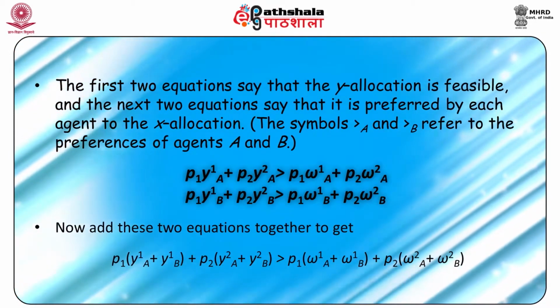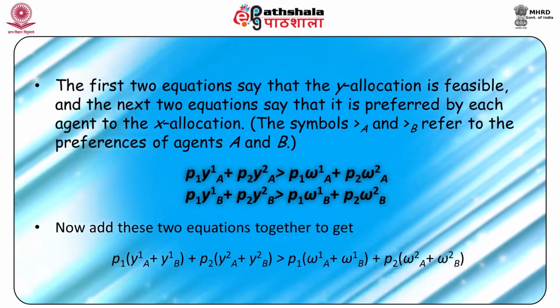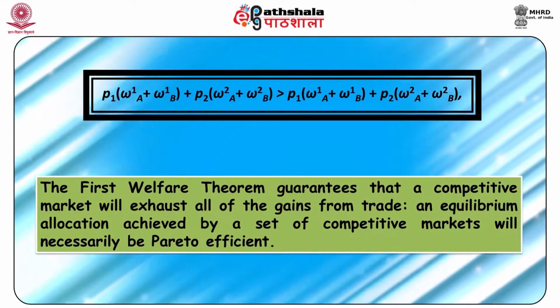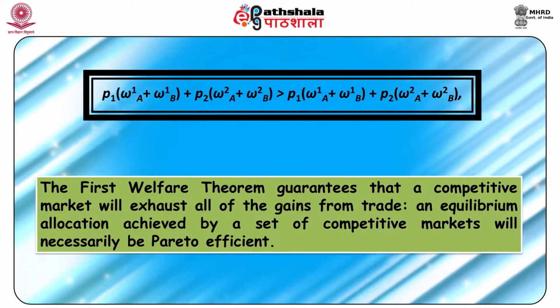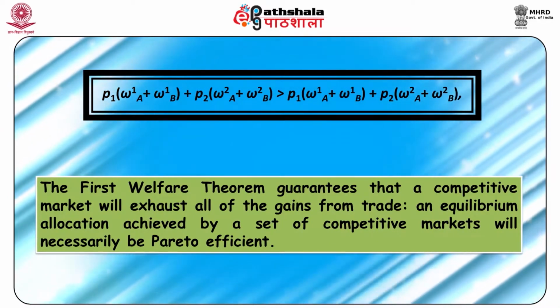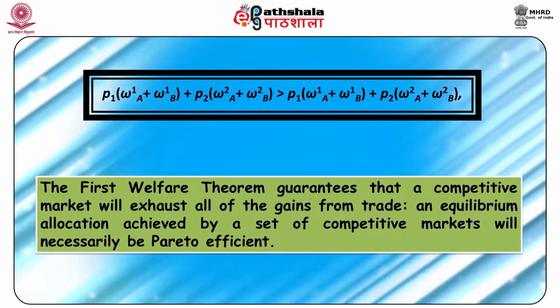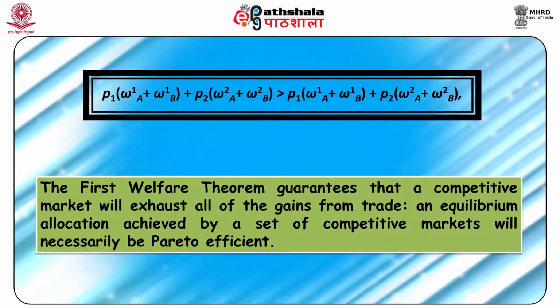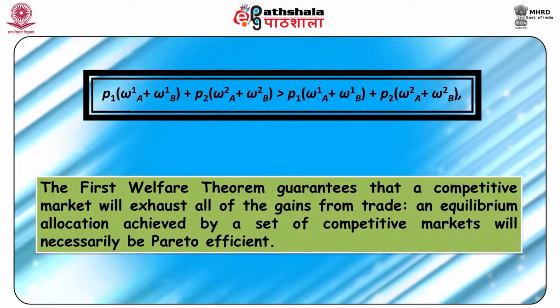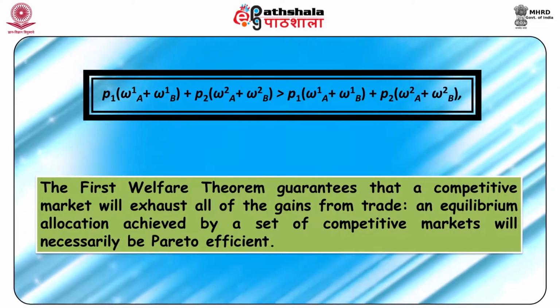Substitute from equations 4.1 and 4.2 to get P1 into (omega 1a plus omega 1b) plus P2 into (omega 2a plus omega 2b) is greater than P1 into (omega 1a plus omega 1b) plus P2 into (omega 2a plus omega 2b).